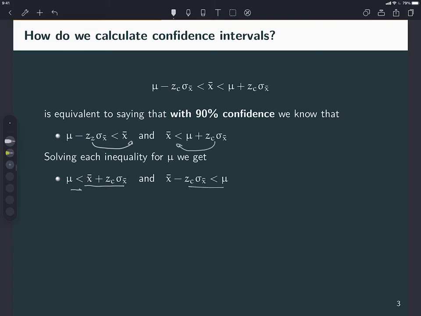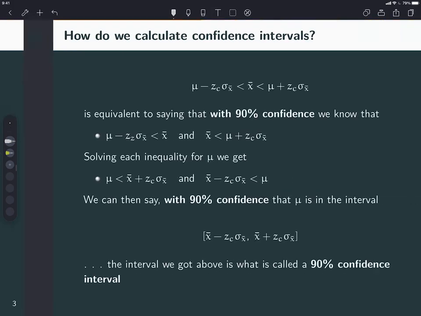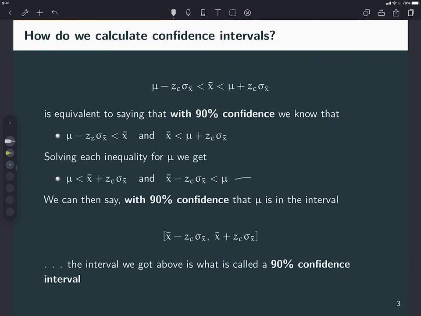But now putting these two very simple inequalities together as a nested inequality, I can think of it as an inequality now centered around the mean. From here I can write it like the mean is a value less than x bar plus the Z sigma x, and now using this one, greater than x bar minus the Z sigma x.